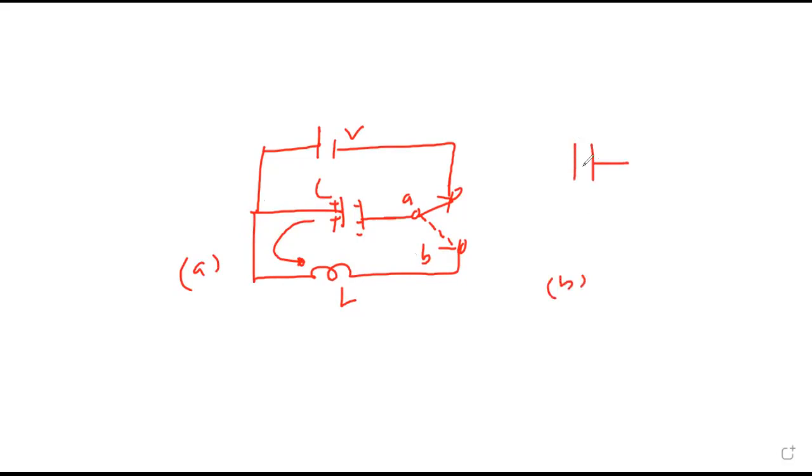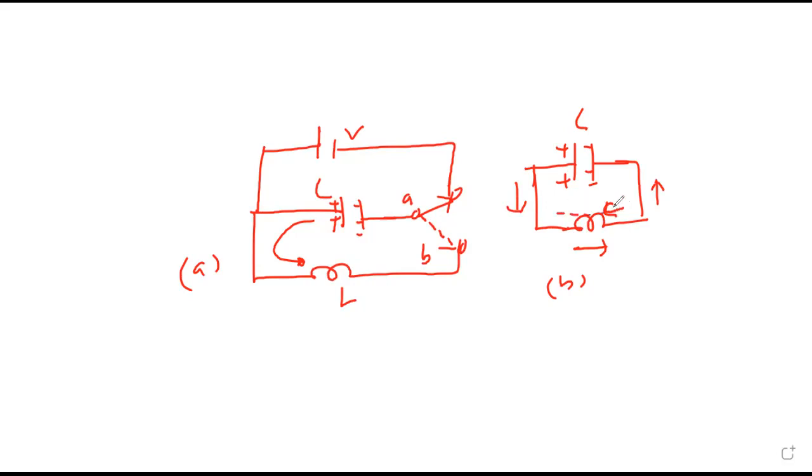See, this is the condenser. After charging, it is disconnected from the battery. Now it will start supplying the charge to this in this direction. If there is flow of current in this direction, there is some change in flux.